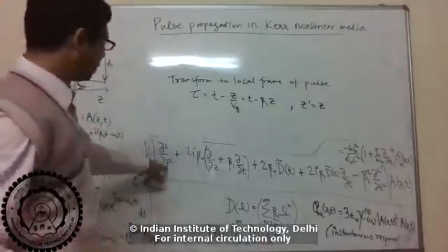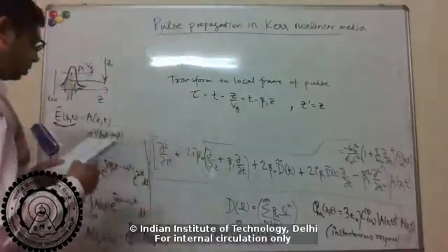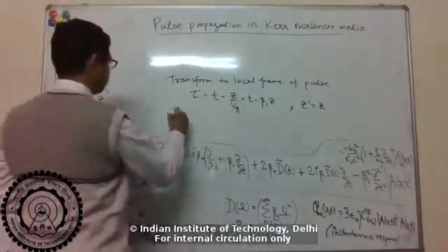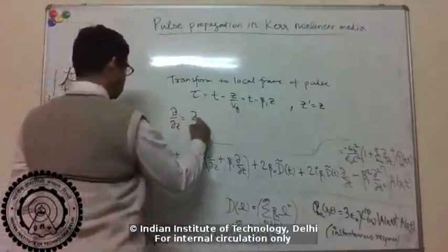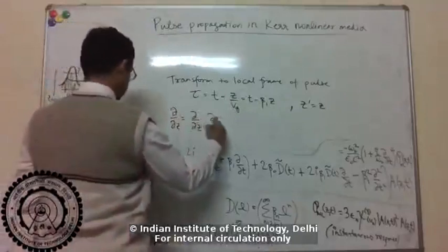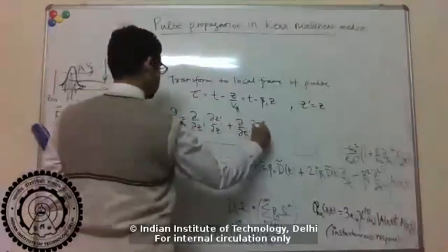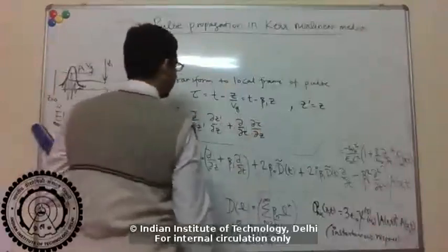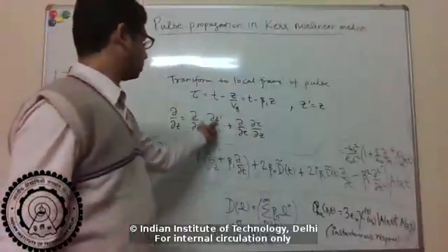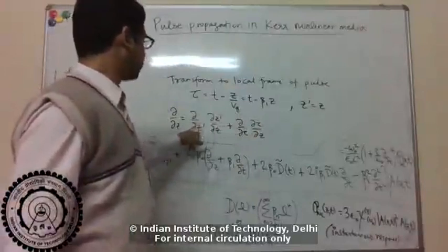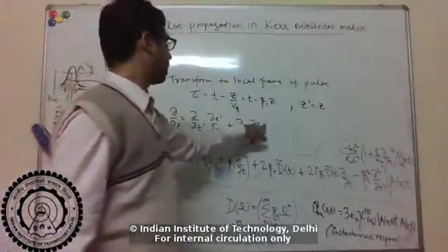We have to now transform the equation in these variables z and t into z prime and tau. So how are they related? We can just see del by del z. I can use partial derivatives and write it as derivative of z prime, and then derivative of z prime with z, then derivative of tau, derivative of tau with z.